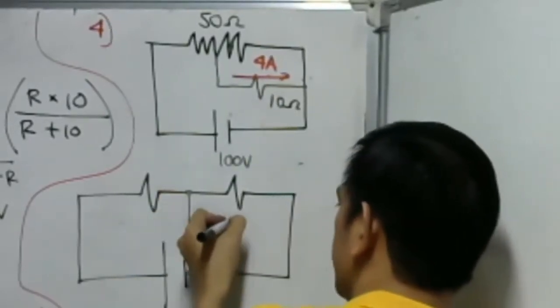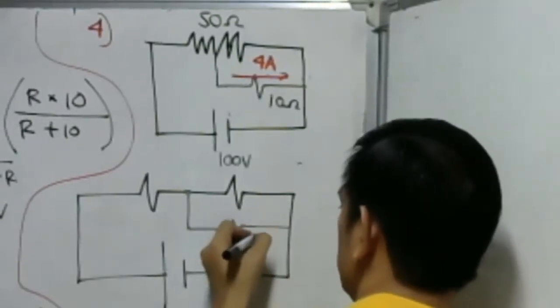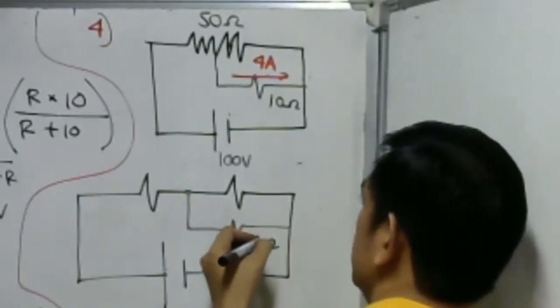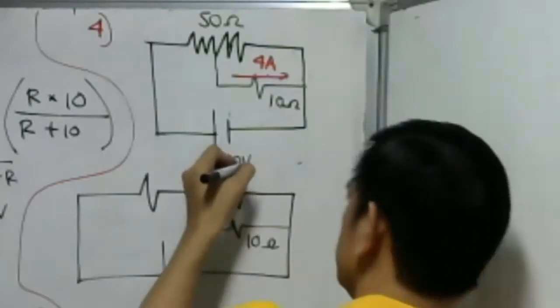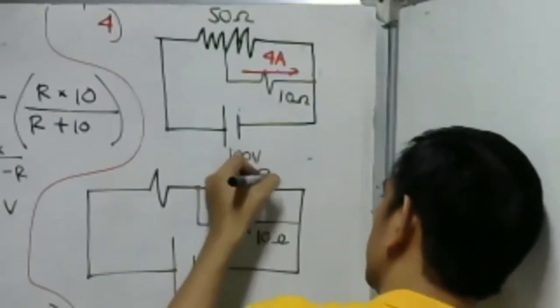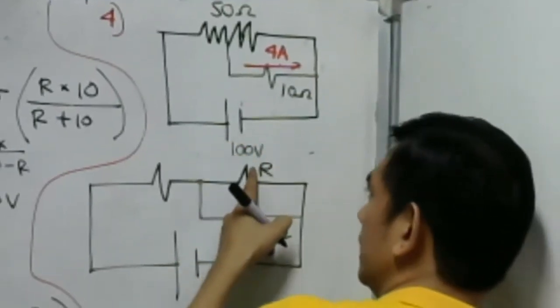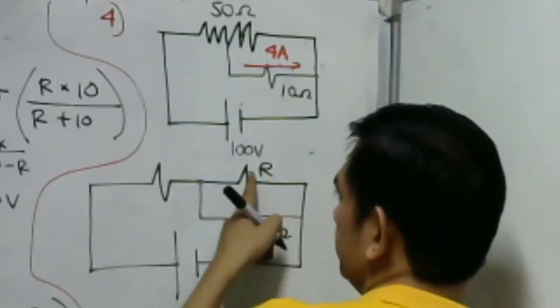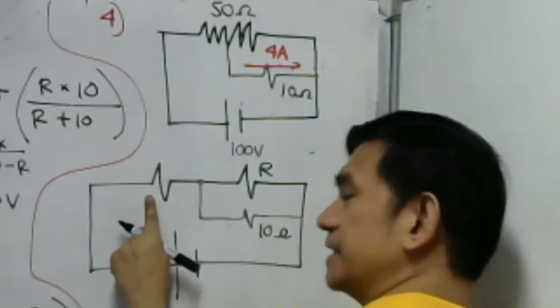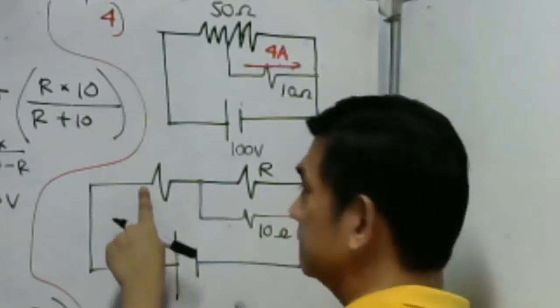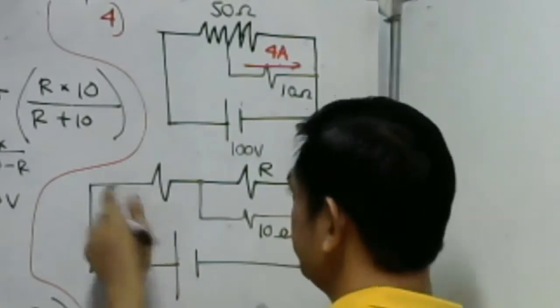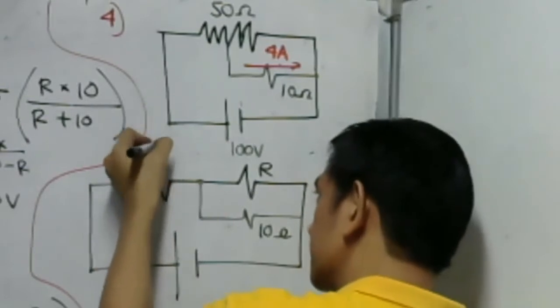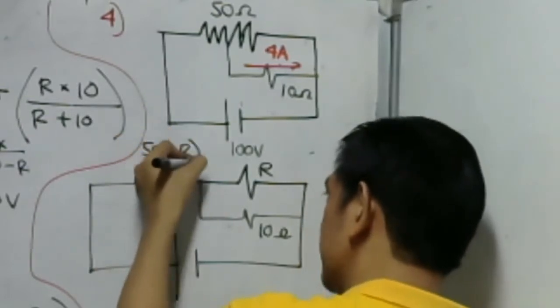So, we have a resistance here, 10 ohm resistance. Then we have, let's say this is our R. That is one unknown. That is our R. Okay? So, if this is our R, how do we represent this resistance? This resistance is simply 50 minus R. Isn't it?